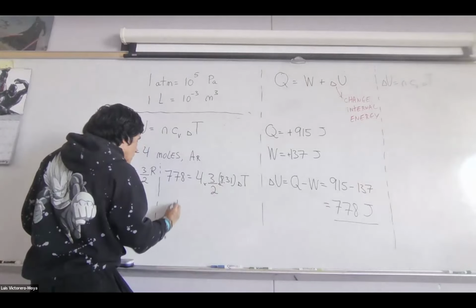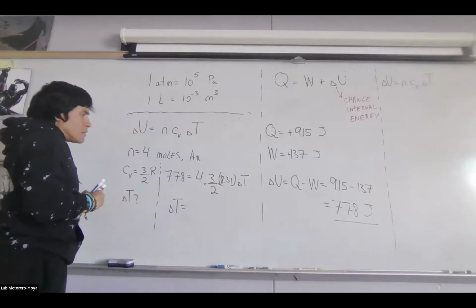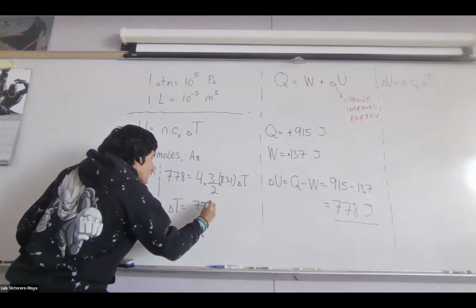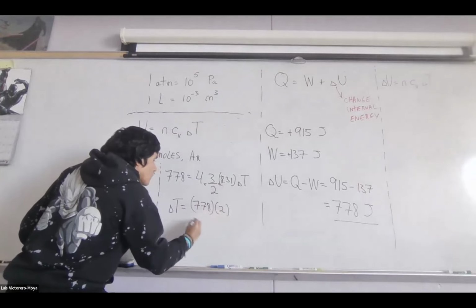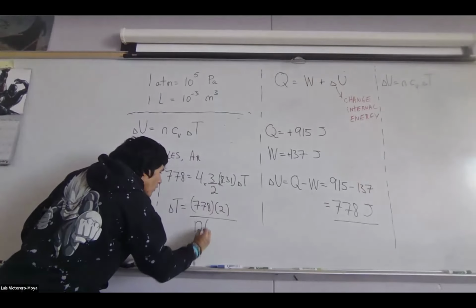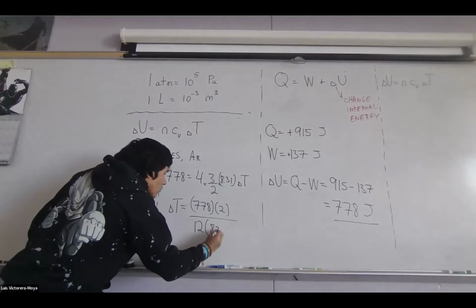So then the change in temperature is just 778 times 2 divided by 4 times 3, 12, times 8.31.